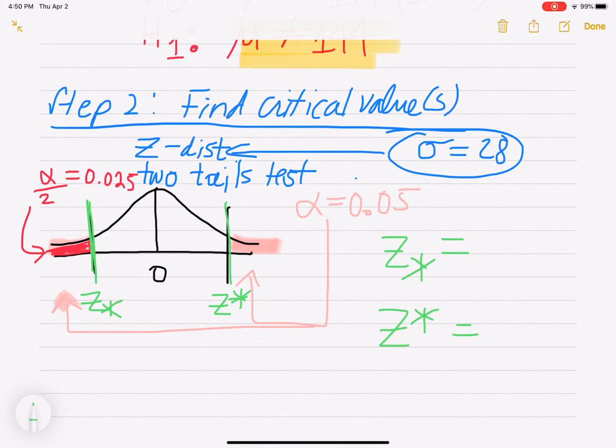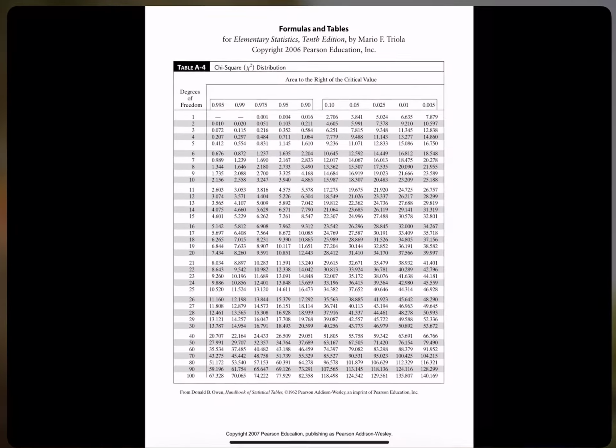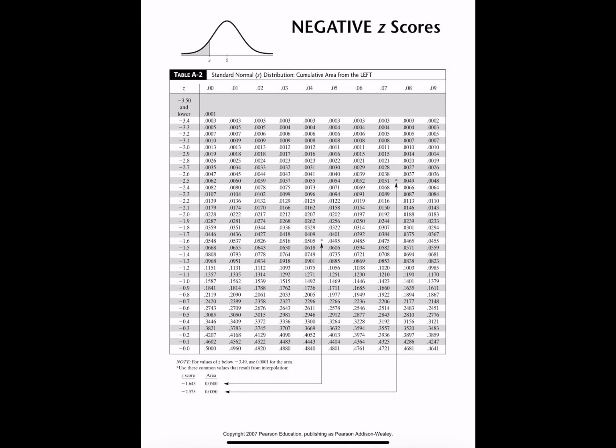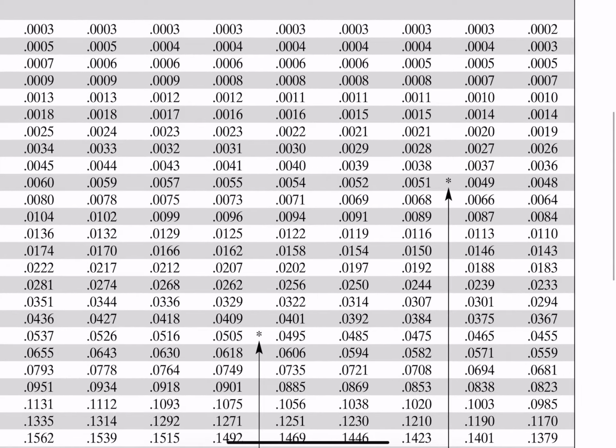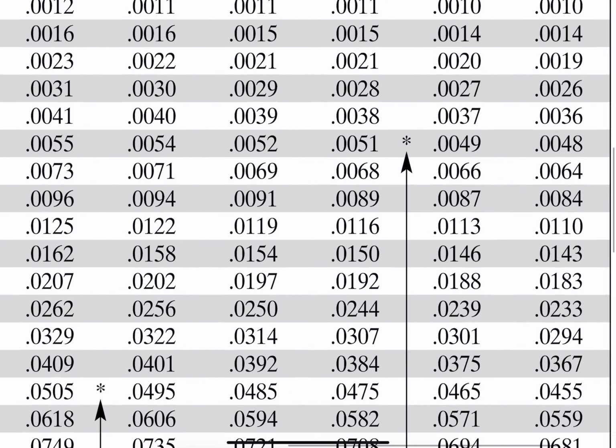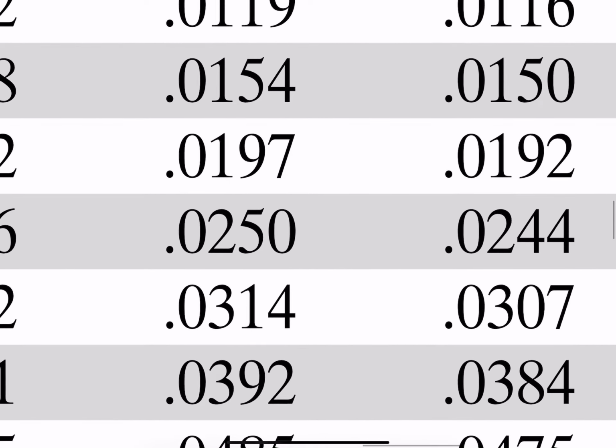So to find z lower star, we're going to go to our z table and look up 0.025 in the middle, because the areas are in the middle. So where's my z table? 0.025, if you look very carefully, right here in the middle, that's where the areas are.